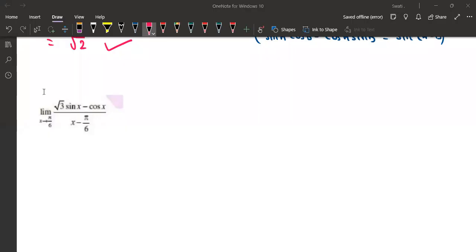So this is our next question, exactly similar to the last one I can say. So again, here you can see that we have limit x tends to pi by 6, root 3 sine x minus cos x upon x minus pi by 6. So here I'm going to simplify this root 3 sine x minus cos x. In this particular thing, I'm going to multiply by 2.